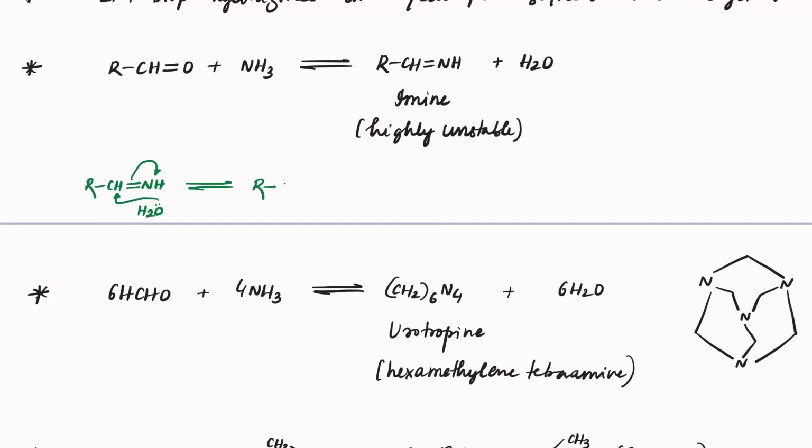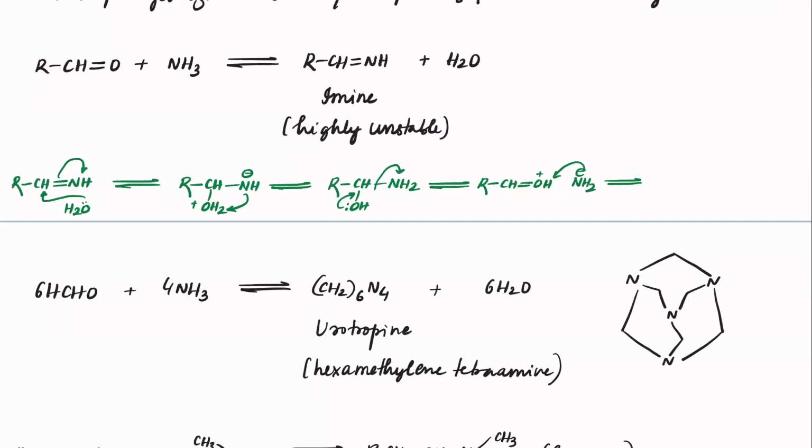That gives you RCH OH2 plus and NH minus. This NH minus can take H plus easily, converting into RCH, OH, and NH2. That makes a quick push from this lone pair to remove this NH2 and converts that into RCH double bond OH plus. This NH2 minus will take H plus and convert that into aldehyde plus ammonia.